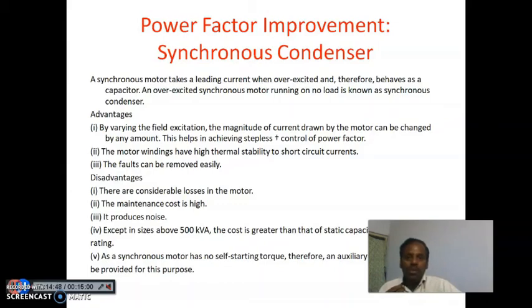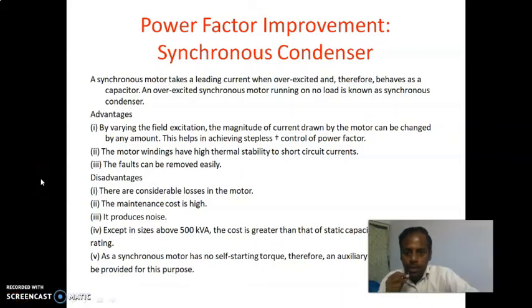The faults can be removed easily because of the dynamics of the synchronous motor. This is not available in the capacitor.